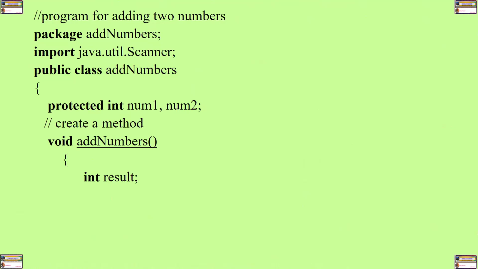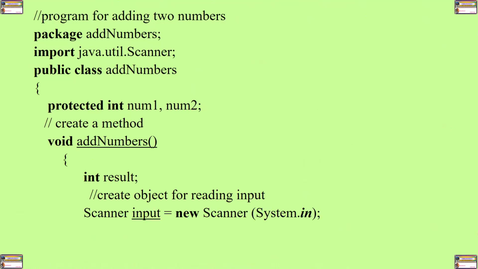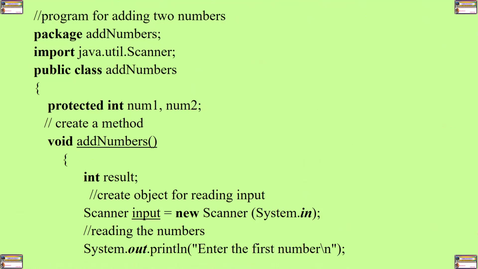And then we define the method called add numbers as follows. We declare a memory location, or a local variable, called result of type integer. Then we create an object for reading input, which in this case we are calling input of type Scanner. And then we can bring in the numbers. So we prompt the user to enter the first number.